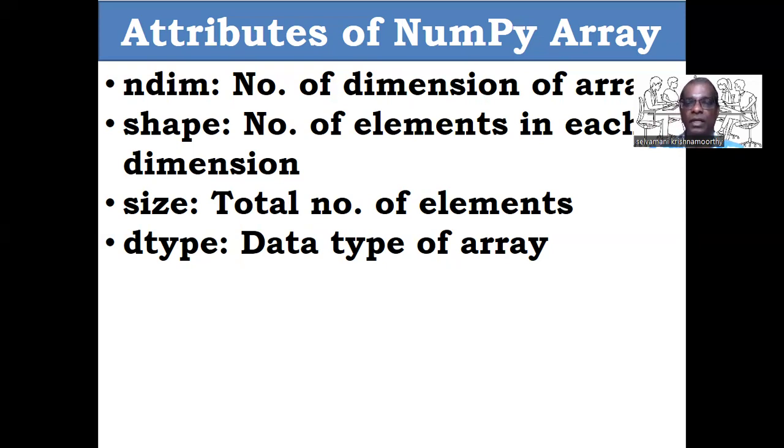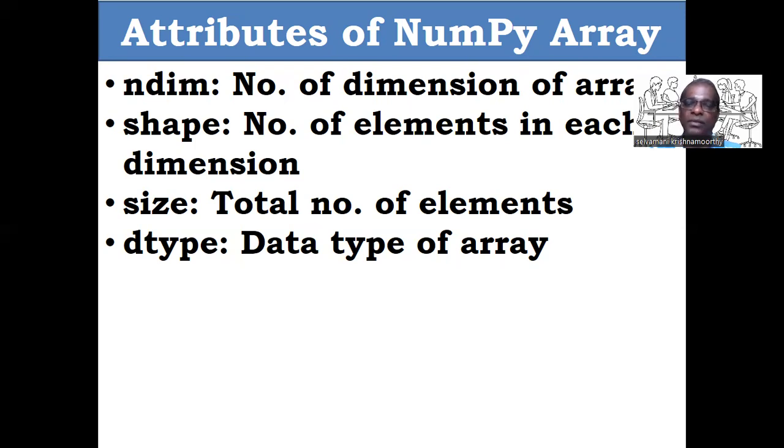So ndim returns the number of dimensions of the array. Shape is the second one: number of elements in each dimension. If it is a one-dimensional array, the number of elements in one direction. If it is a two-dimensional array, the number of elements in every dimension.